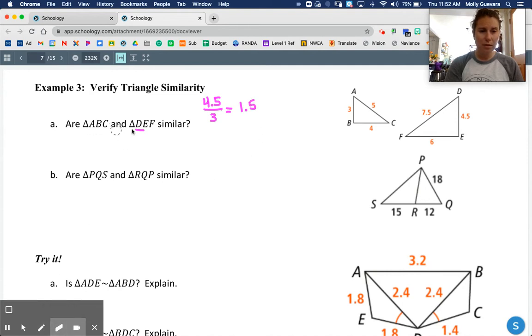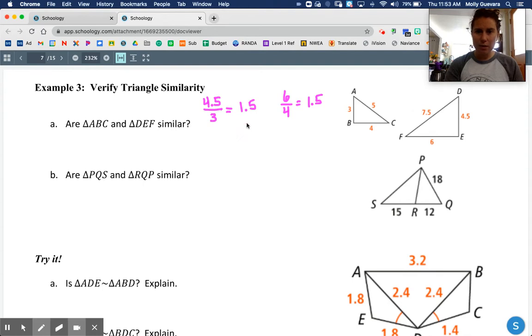Okay. Then the other two sides are BC, which is 4, and EF, which is 6. Then I have 6 over 4, which is also 1.5. So far it's looking good. And then my third side would be the 7.5 over 5.